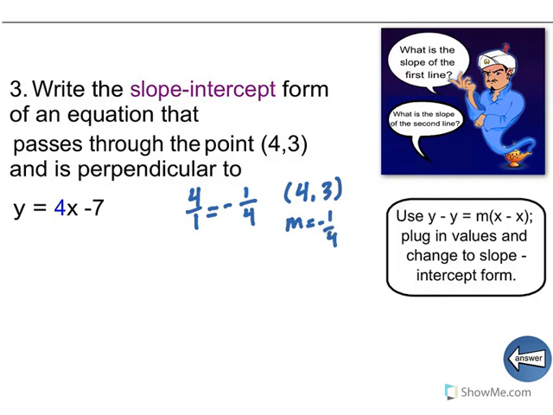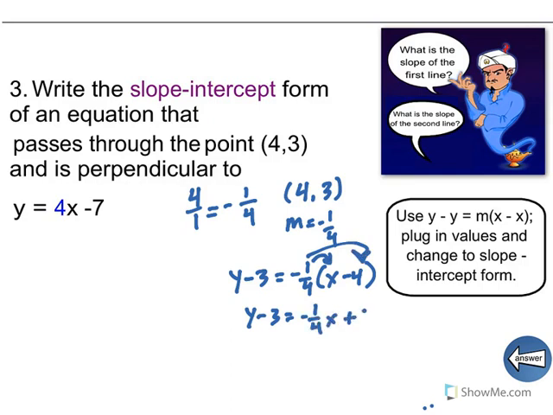If I'm using point-slope form, we're substituting the values into y minus y1 equals m times x minus x1. So y minus 3 equals negative 1/4 times x minus 4. Distribute, so y minus 3 equals negative 1/4 x plus 1.